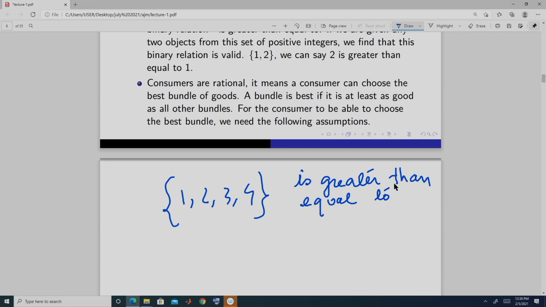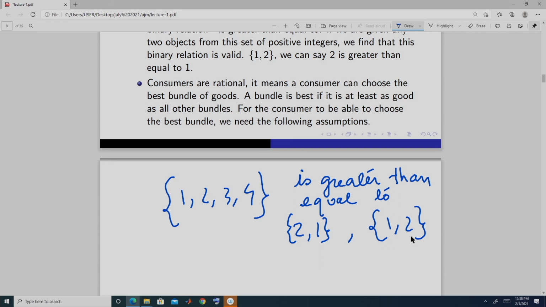Then this is valid if we take a pair from this set: 2 is greater than or equal to 1. But this is not valid for this.